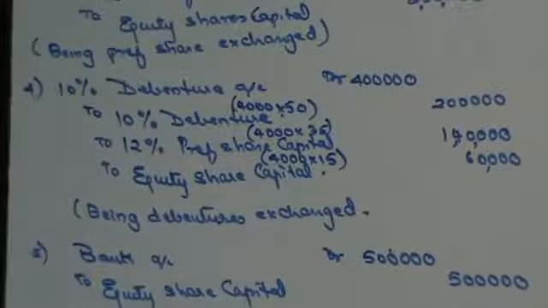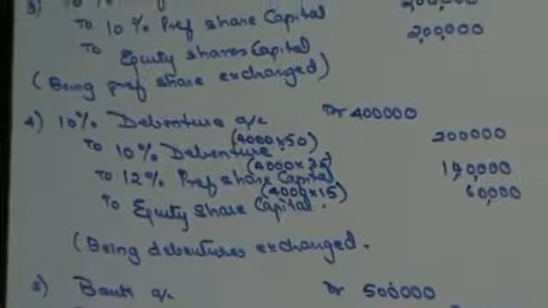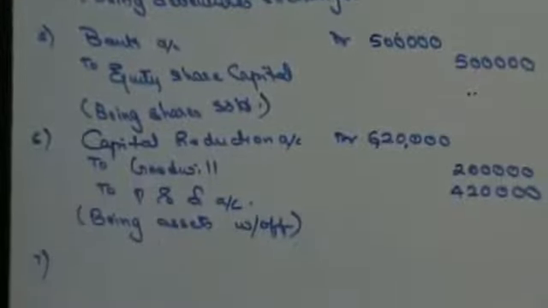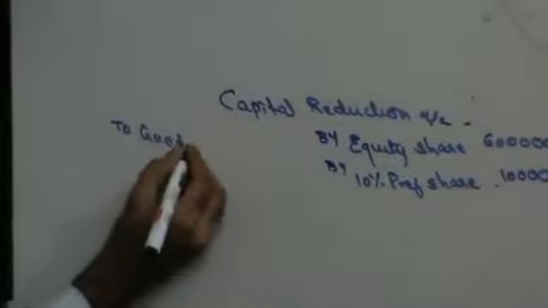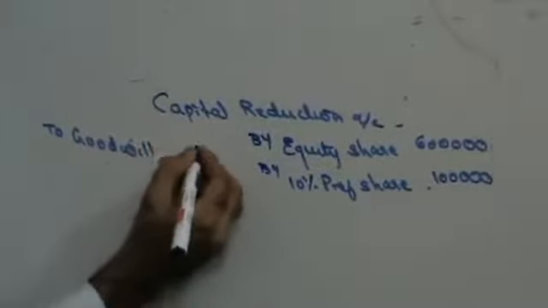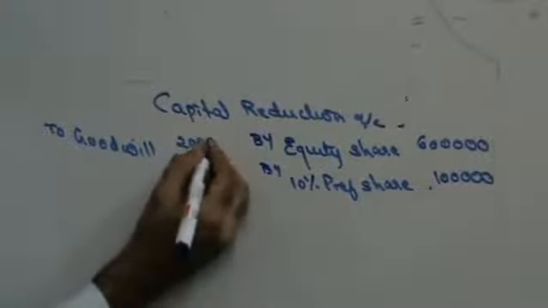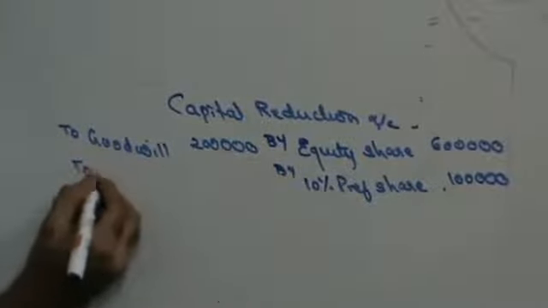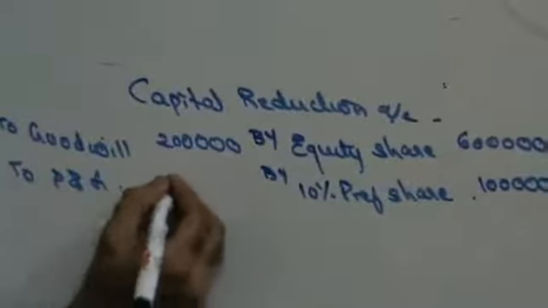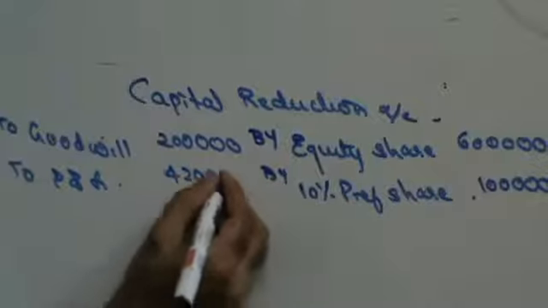In the fourth one also, fifth also. Last journal entry, you have capital reduction on the debit side, so you will say to goodwill, 2 lakhs, and to profit and loss, 4,20,000.